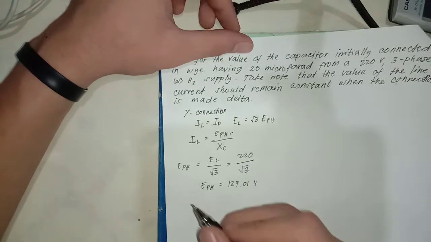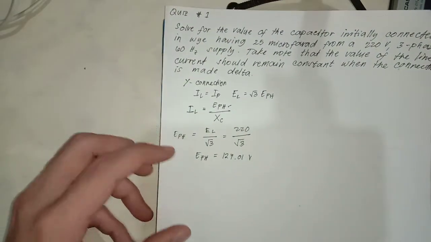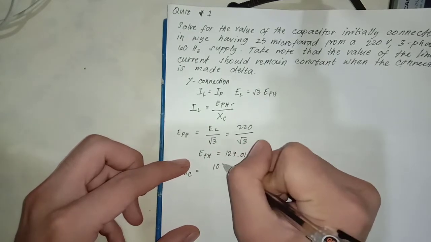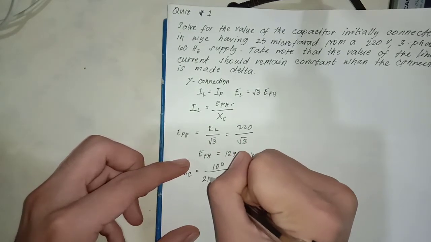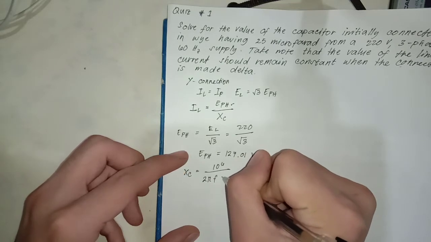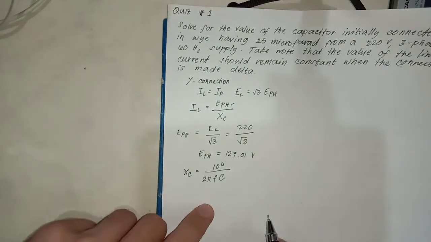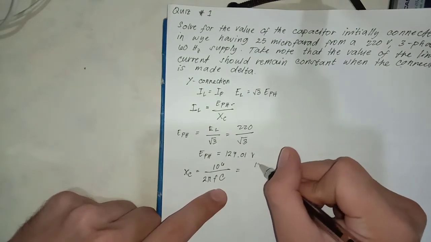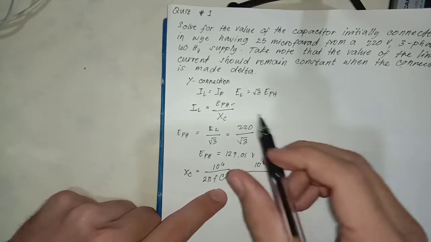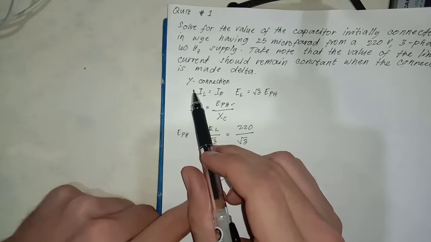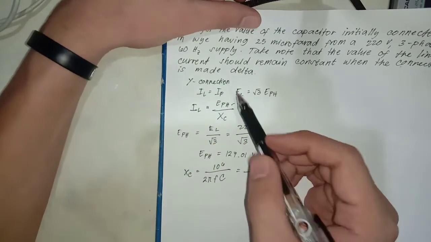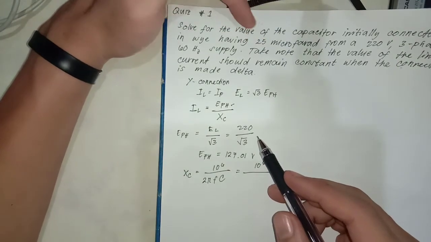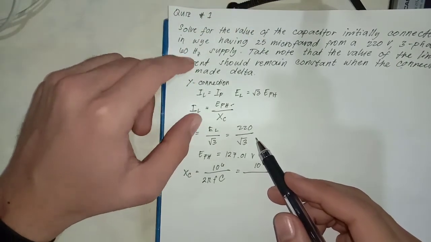So we have now to get the value of XC, or the capacitive reactance. To get the capacitive reactance, we have this formula of 10 raised to 6 over 2 pi FC. Substitute, since we have now the 10 raised to 6, and still we are in Y connection. We have the value of capacitor, which is 25 microfarad, and the frequency, which is 60.